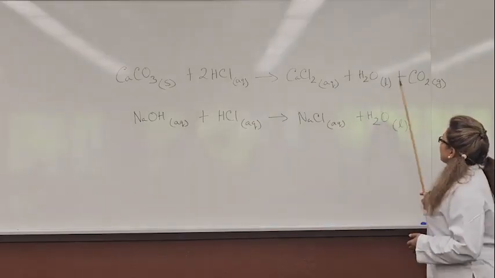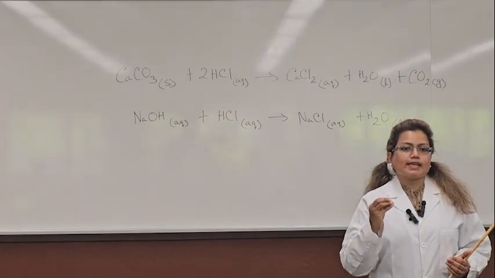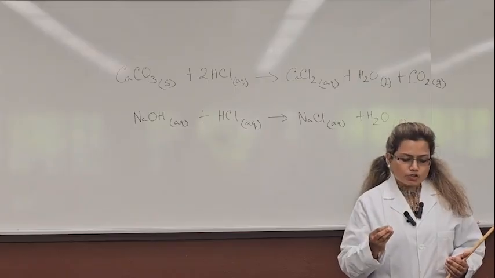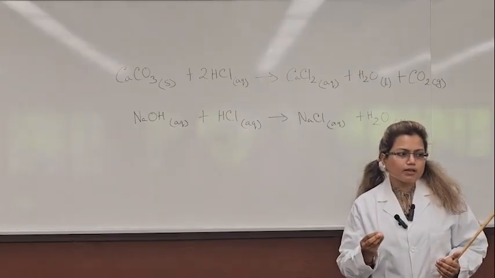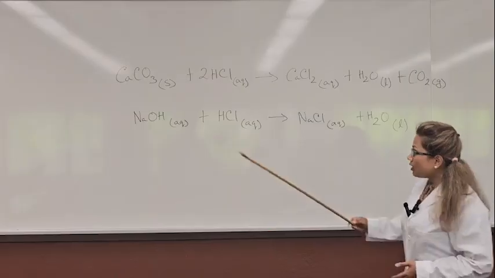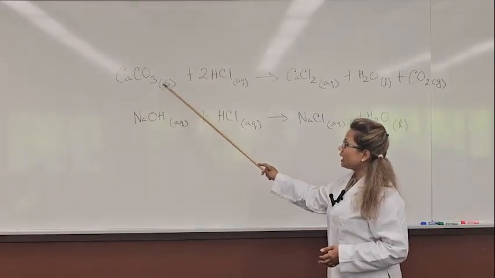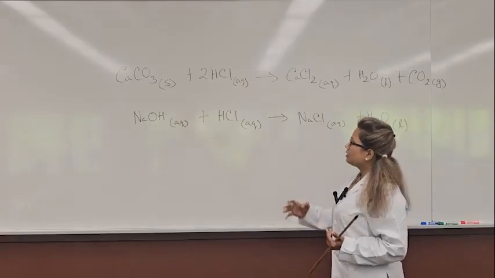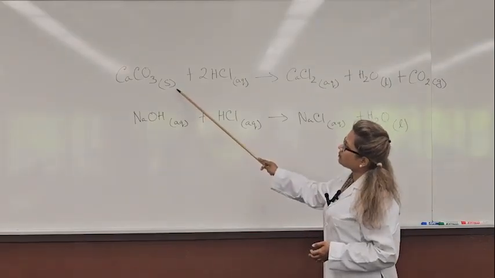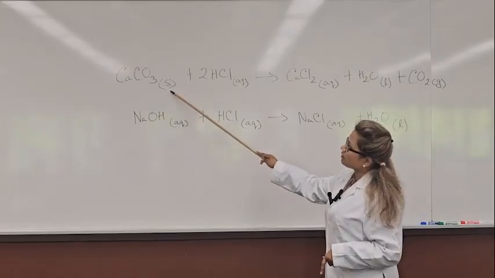In this experiment, we are using an excess quantity of hydrochloric acid. We are going to see how many moles of hydrochloric acid react with our Tums or antacid, calcium carbonate, which should be the limiting reactant.